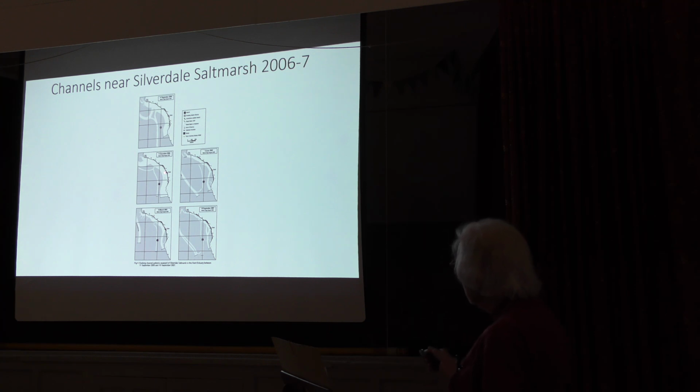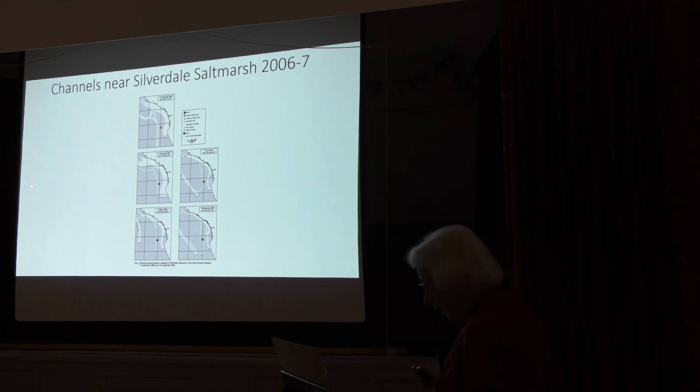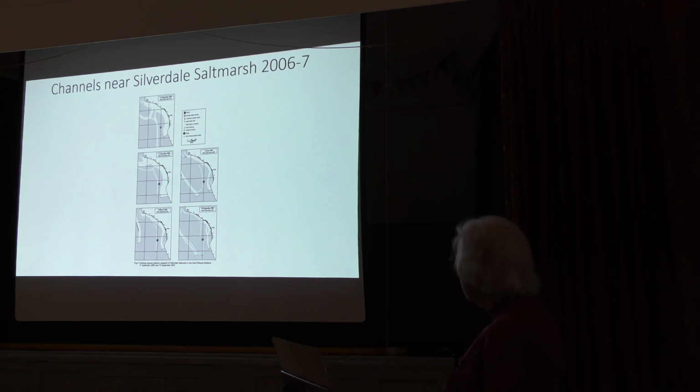When we get to December, this was the 11th of December, I think, again a major channel feeding in this time from the west and all the way along the Silverdale shore. So very active erosion going on still, even though most of the marsh had disappeared, but still eroding the marsh that was there.